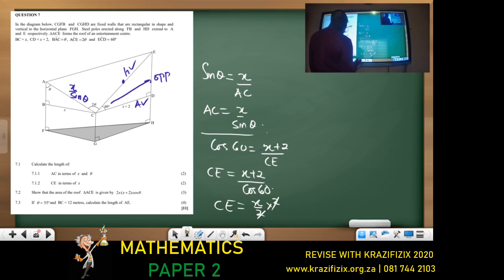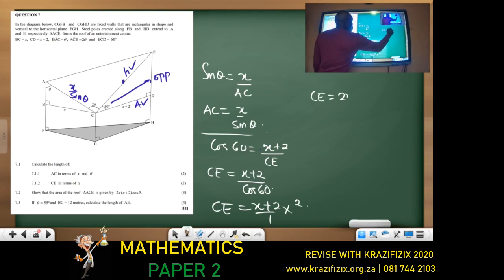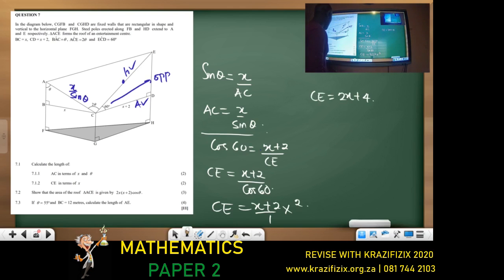Oh no, it is x plus 2. Sorry, it is x plus 2. I was so excited, I missed the plus 2. Over 1. Remember, it's divided by half, so times 2. So CE is 2x plus 4. Oh, done. CE is 2x plus 4. This is what I want.